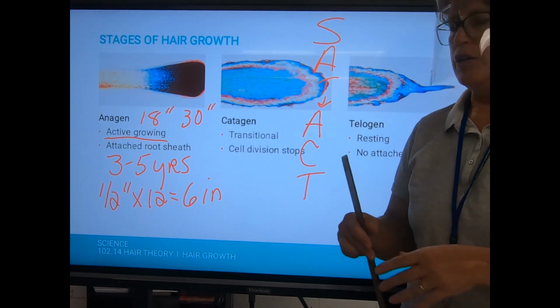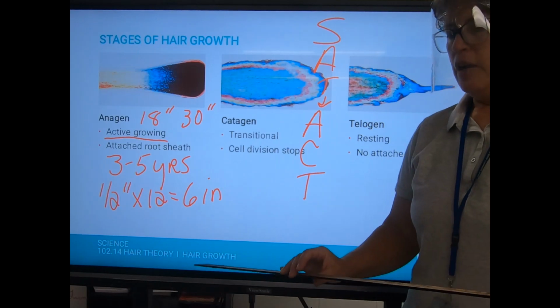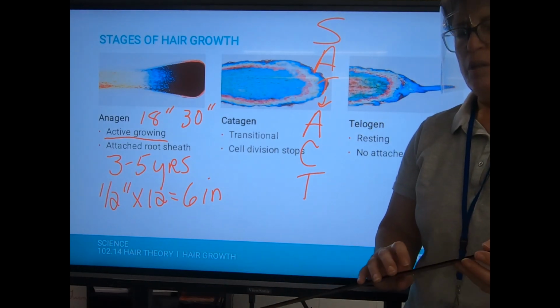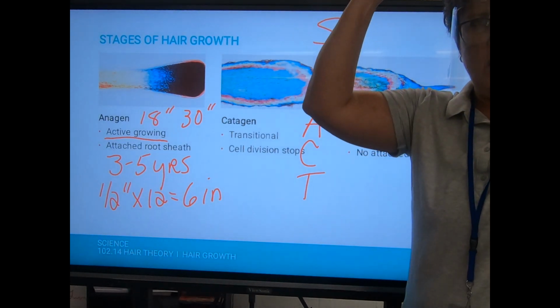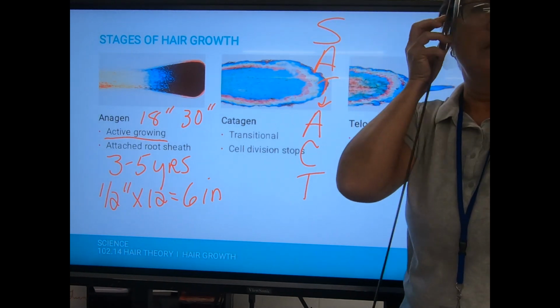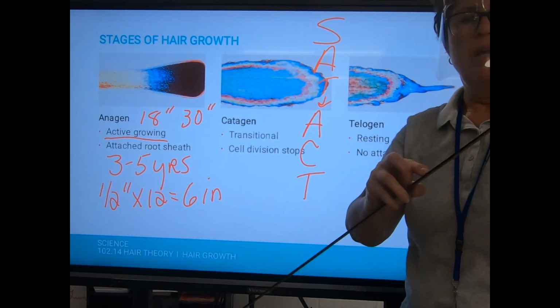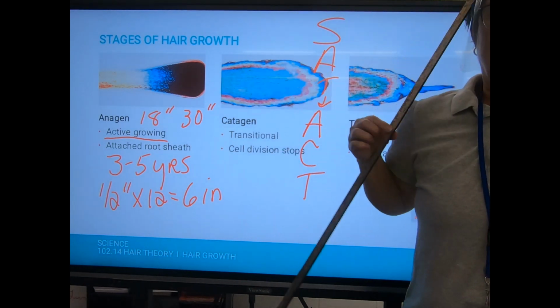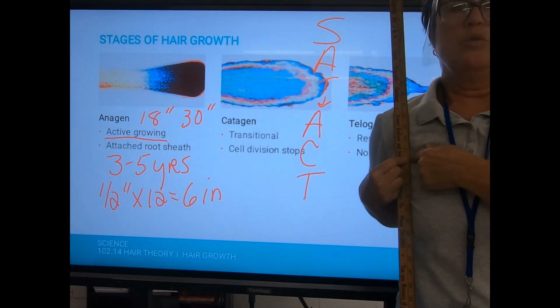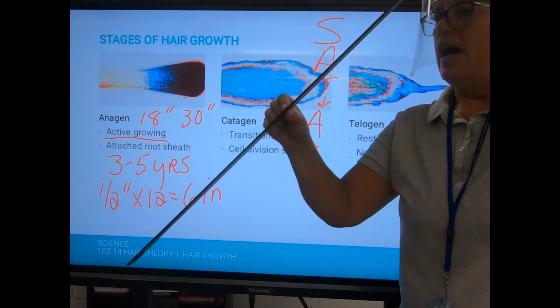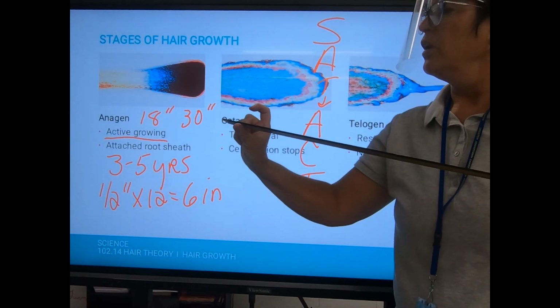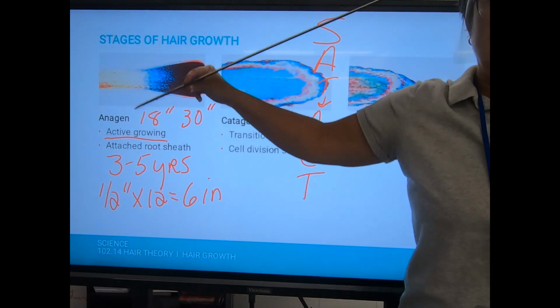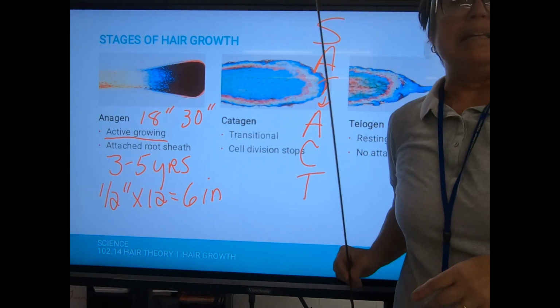It's really fun to watch. But if I shave it off and it's growing out of here, in 1 year, it'll be down to here. In 3 years, from the top of my head, it's going to be down below my shoulder. And in 5 years, it's going to be pretty much to my waist.